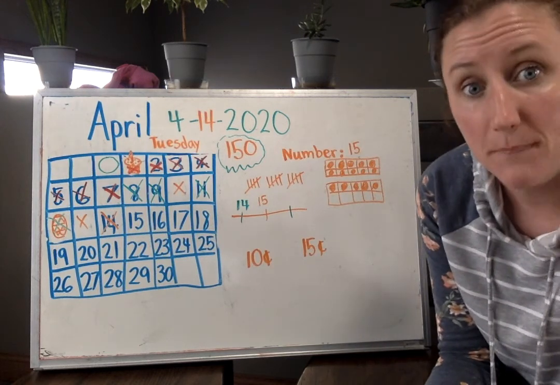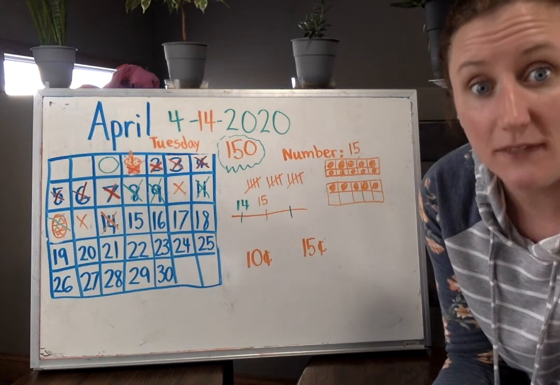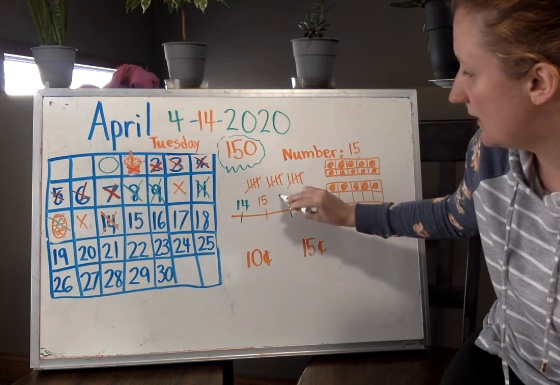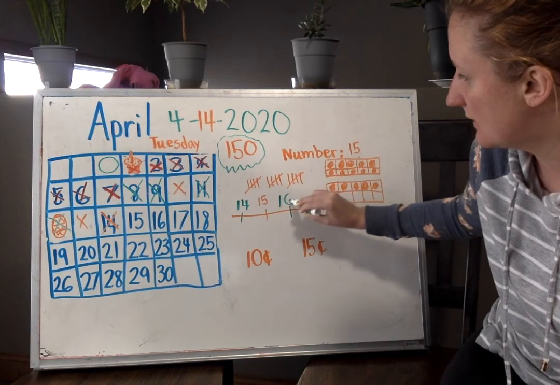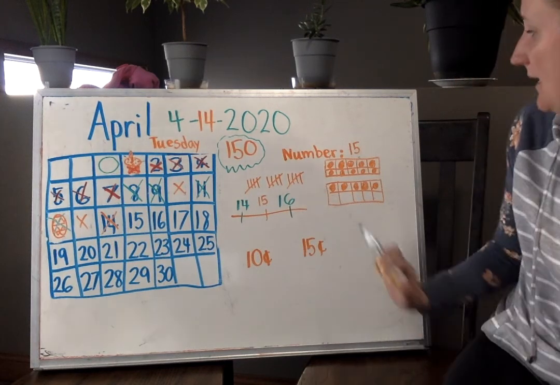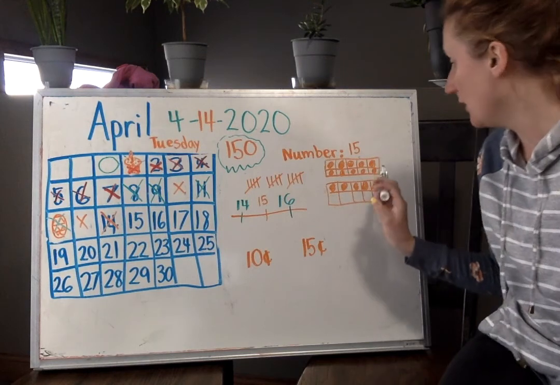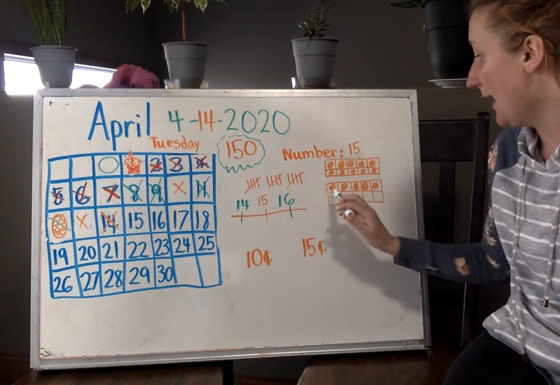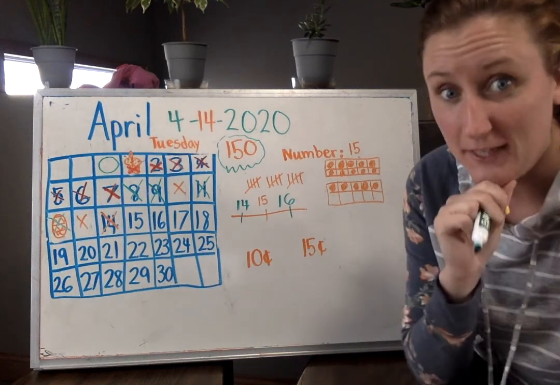One number bigger or larger than the number 15. 16. 16 is the number 1 and 6. Very good. And in my 10 frames over here, I also showed that the number 15 would fill up one 10 frame and then would fill up half of the other 10 frame.